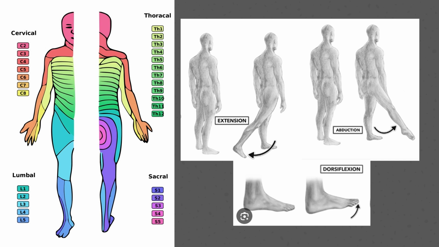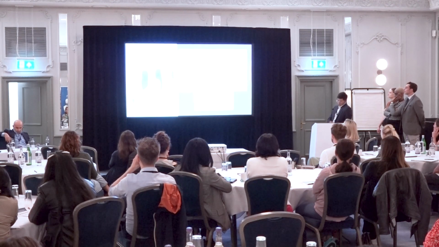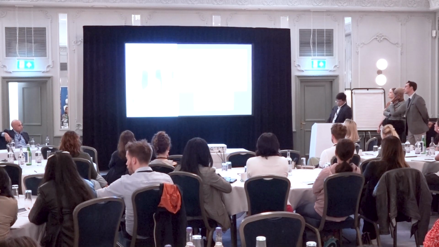Myotome-wise, which is innervated by the ventral root, L4-L5 would be the extension of the thigh at the hip joint, which is on the top left there. L4 to S1 is dorsiflexion of the foot at the ankle joint at the bottom, and L5 to S1 is the abduction of the thigh at the hip joint, which is on the right there.